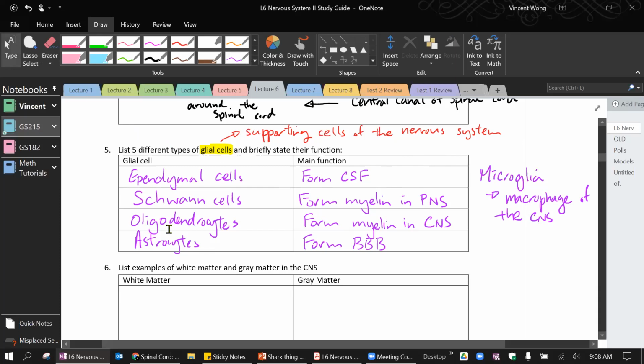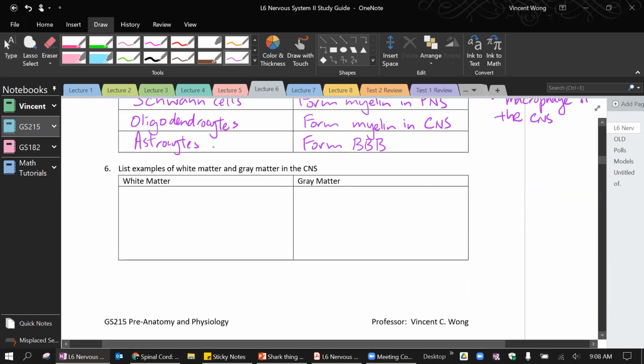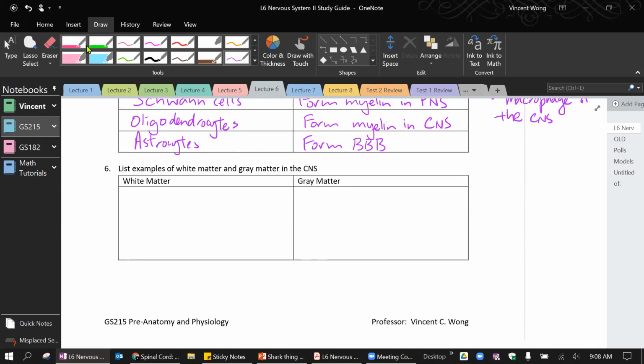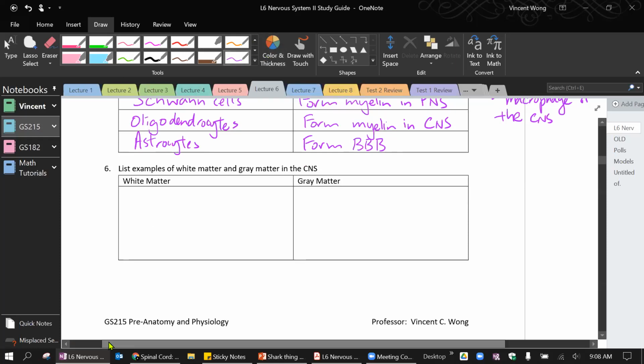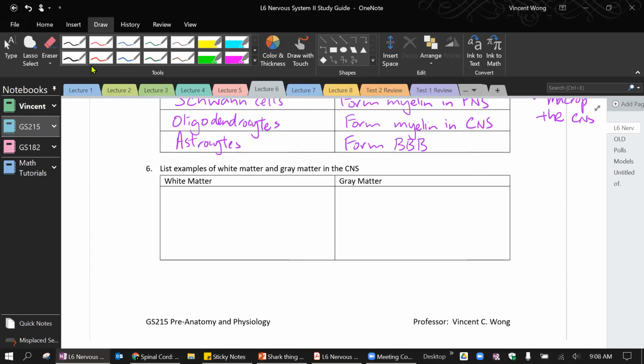Okay, next, list examples of white matter and gray matter. Perhaps we should define what white matter and gray matter is first. So white matter, what is white matter?